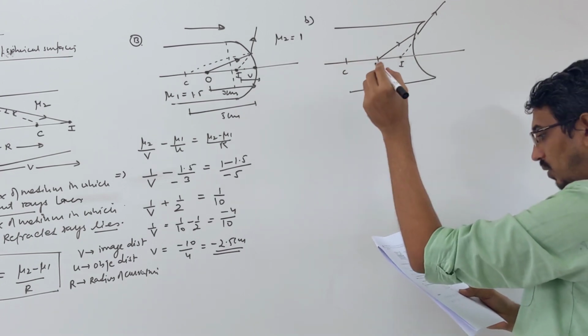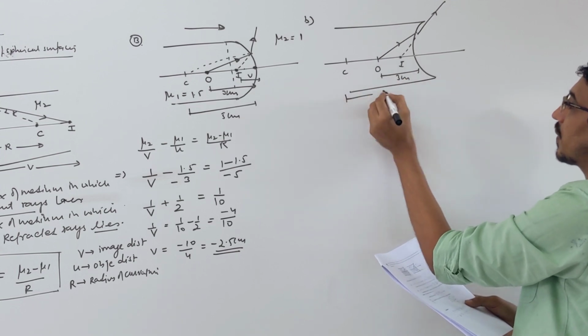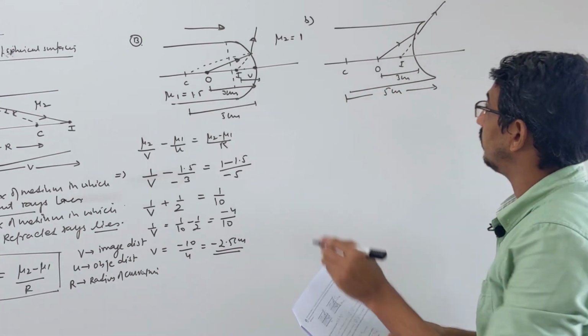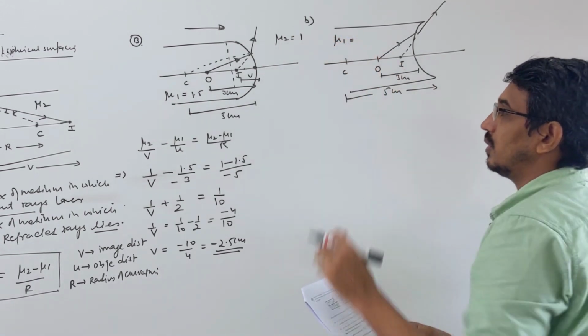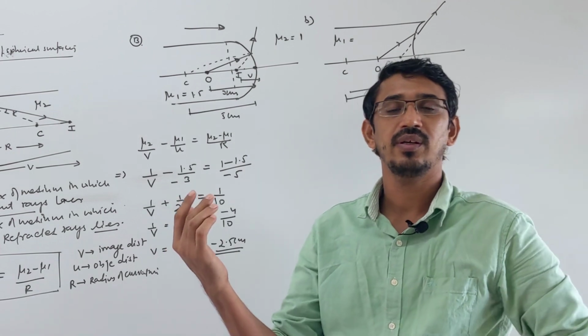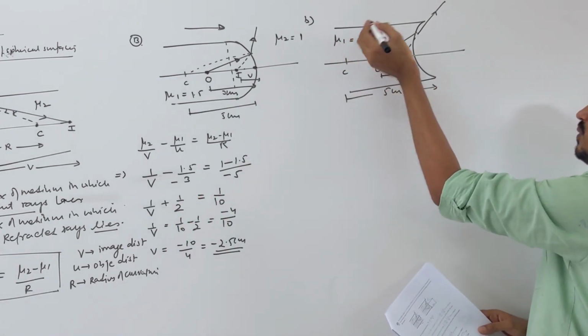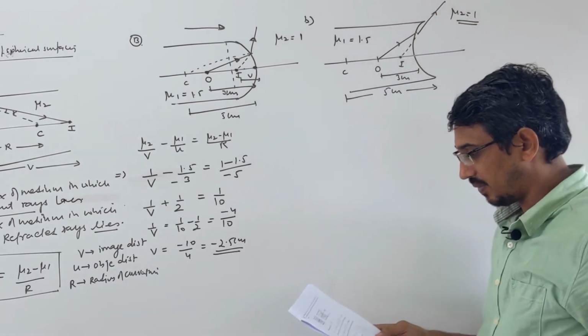Again all values are given: object distance 3 centimeter only, radius of curvature 5 centimeter, everything remains the same. This medium, where your incident rays are, we will call mu1, which is given 1.5, and this is the refracted ray medium, called mu2, which is 1.